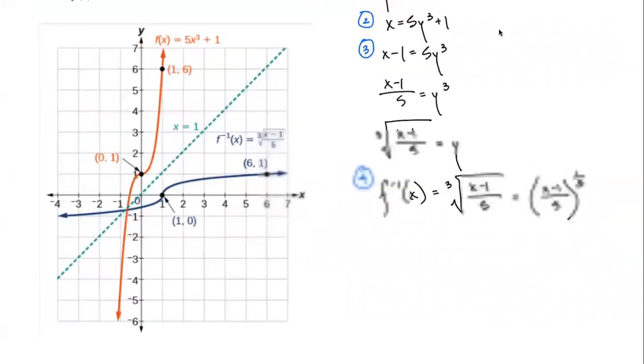All right. Now we got to figure out the domain of this function, right? We can do this in one of two ways. If we look at the graph, we can tell that all the x values are accounted for, meaning we can put in every single number between negative infinity and infinity to get an output.